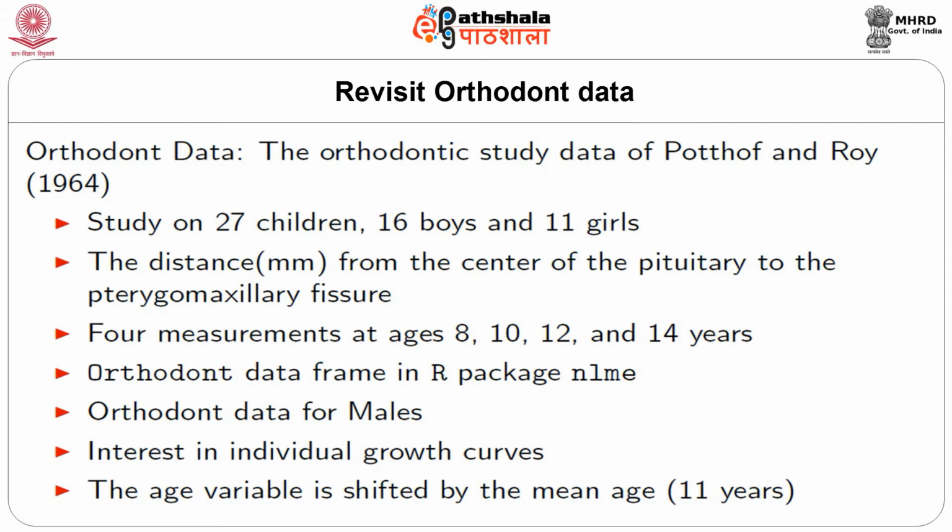Here, instead of taking age as the regression parameter, we would be taking age shifted by the mean. The mean comes out to be 11 years. So, we would be taking age minus 11 instead of age in the regression equation.